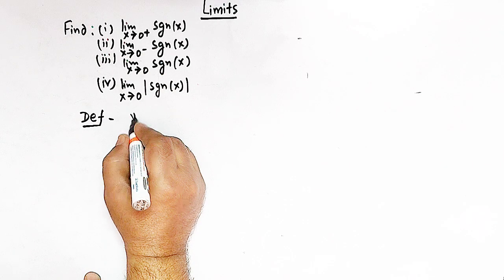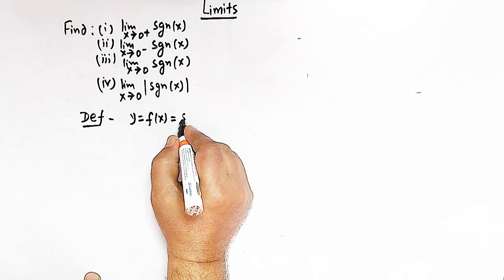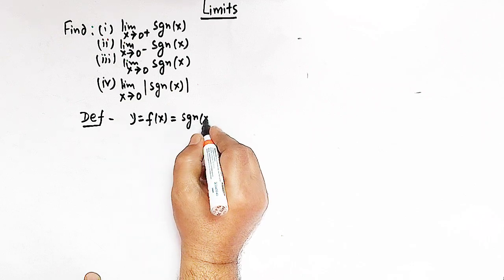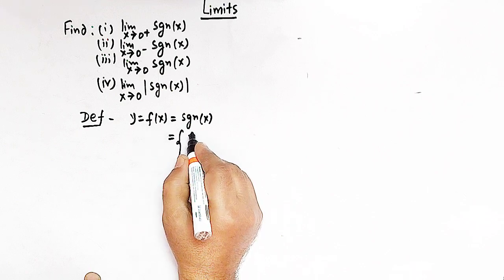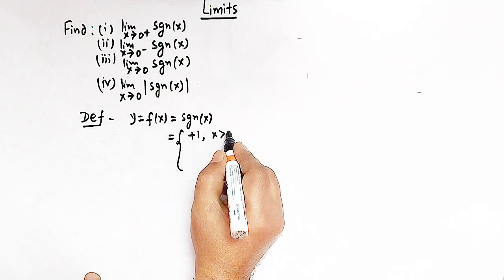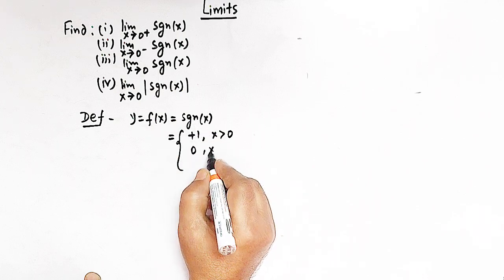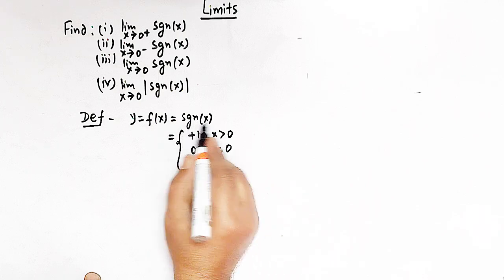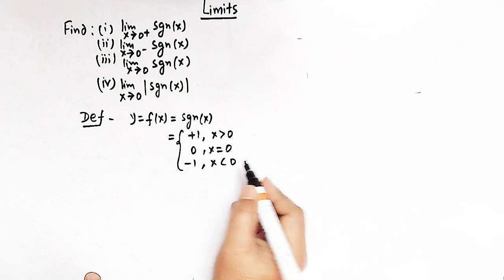So now let us consider the function y is equal to f of x, which is our signum function. This is defined as positive 1 whenever x is greater than 0, and signum of x is 0 whenever x is 0, and signum of x is minus 1 when x is less than 0.